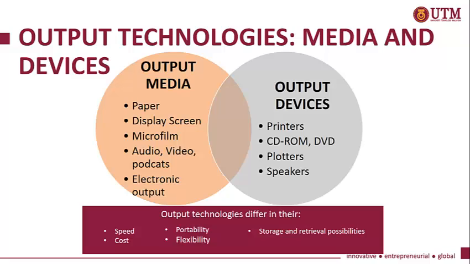There are 2 types of output technologies that you can use to produce your output. You can produce your output through media, or you can produce your output through devices. For example, through media, you can produce your output through paper, display screen, microfilm, audio, video, and then electronic output.